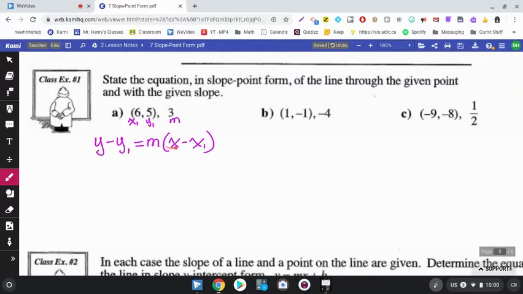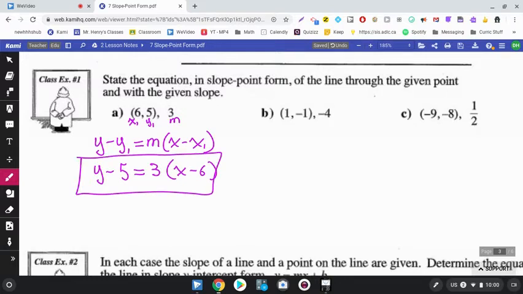The y and the x, those are your variables. Those need to stay variables. It's the y1, x1, that's the point, and then slope is your slope. So y minus your y value would be y minus 5 equals m, your slope, which is 3, times x minus your x value. There you have it. That is an equation of the line. It has a slope of 3, and I know it goes through the point 6 comma 5.